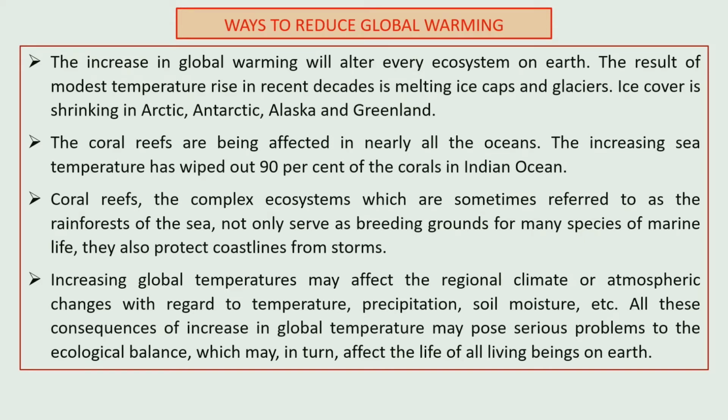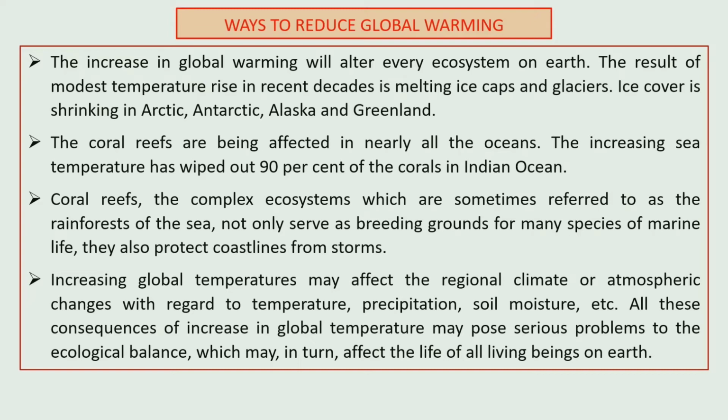The increase in global warming will alter every ecosystem on earth. Alter means change. Global warming will increase, so obviously it will bring change in every ecosystem on earth. The modest temperature rise in recent decades is melting ice caps and glaciers, and ice cover is shrinking in the Arctic, Antarctic, Alaska and Greenland.